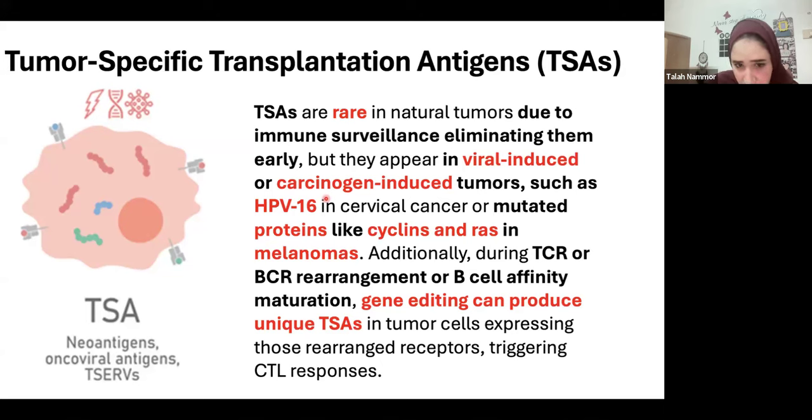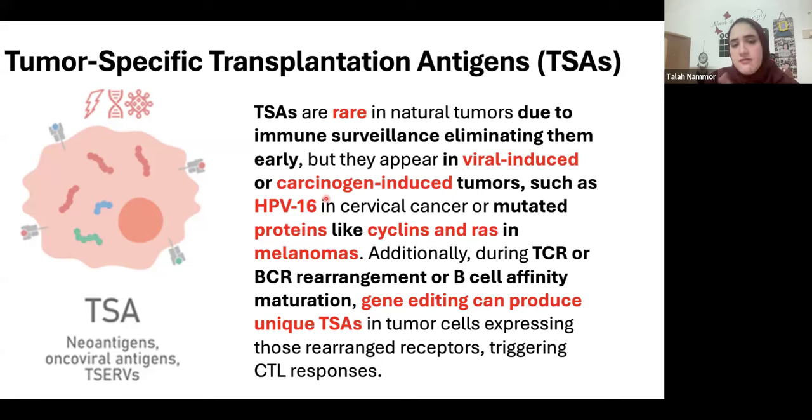What else? TCR or B cell rearrangement or B cell affinity maturation, gene editing can produce these. Also, if you remember, guys, how we said cancer cells do something called immunoediting. Sometimes a patient has a problem in his immune system. Lymphomas are basically problems in the lymph, right?